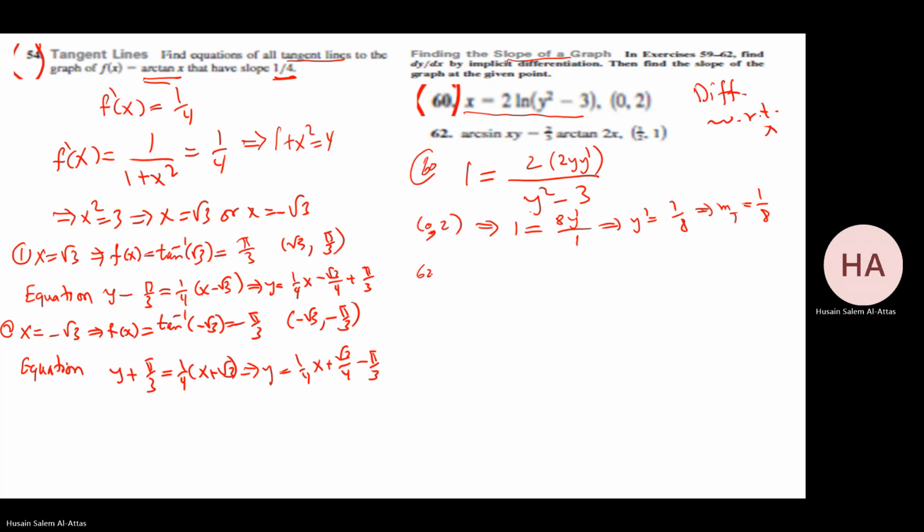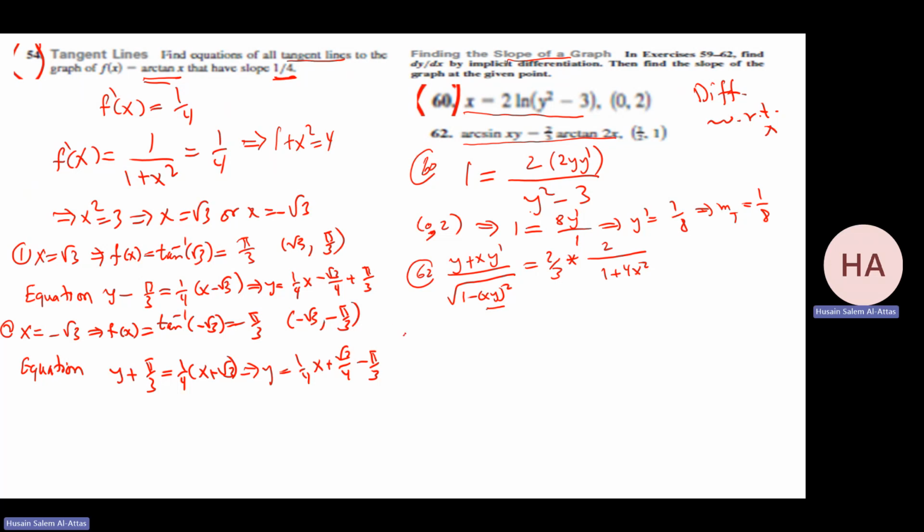62. I need to do the derivative of this. That will be 1 over square root of 1 minus (xy) squared. Derivative of this with respect to x. So y plus x y prime equals 2 over 3 times 1 plus 4x squared, just 2x all squared, times 2.